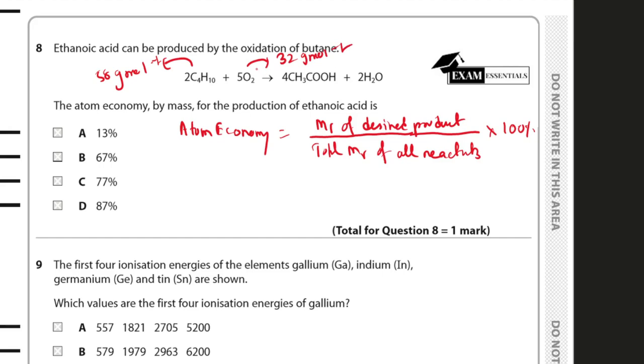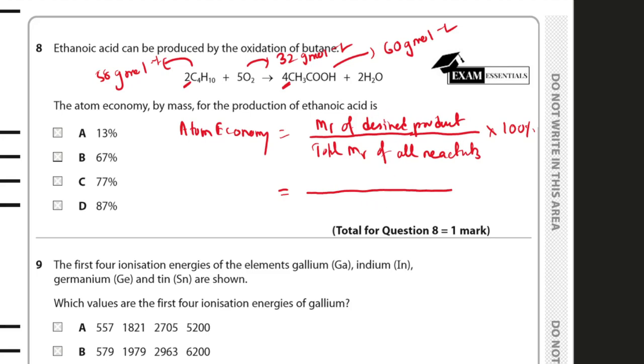And for ethanoic acid, that would be 2 times 12 along with 4 times 1 and 16 times 2, eventually giving us 60 grams per mole. Now we also need to check something else, which is that we do have the stoichiometric coefficients provided. So whenever we write this, we need to take that into consideration as well.